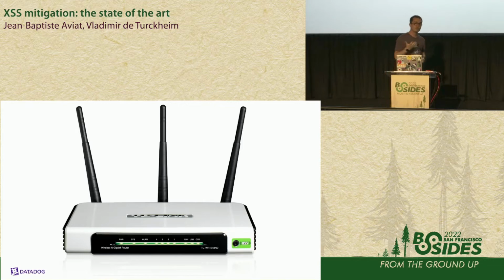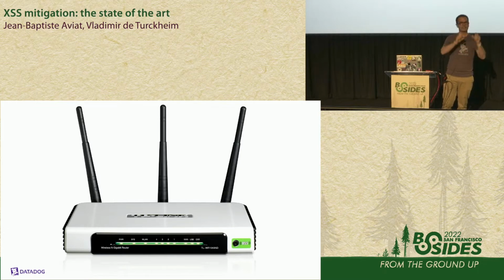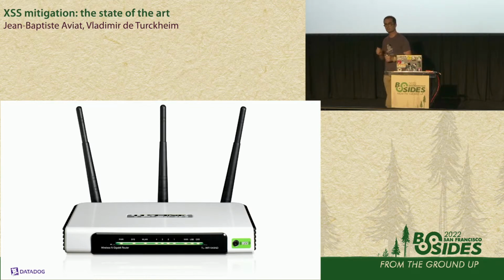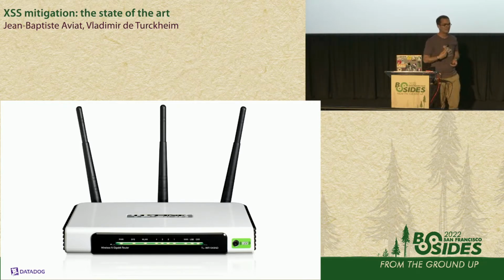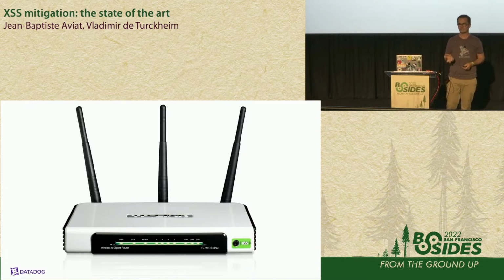So every user of that router that triggered that malicious JavaScript payload got to use a custom DNS configuration. And those custom DNS servers were redirecting some specific banking domains, and the attackers behind it stole the credentials of a lot of those users. So that's one example of something that you can do with cross-site scripting.